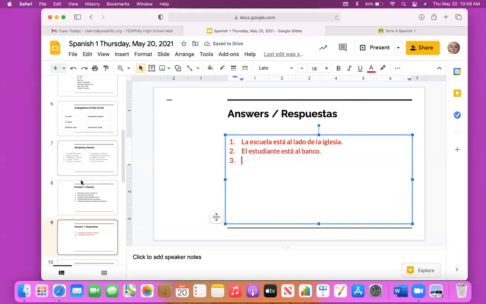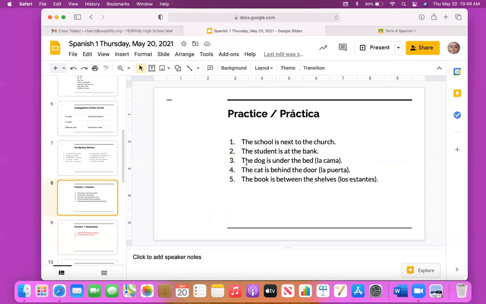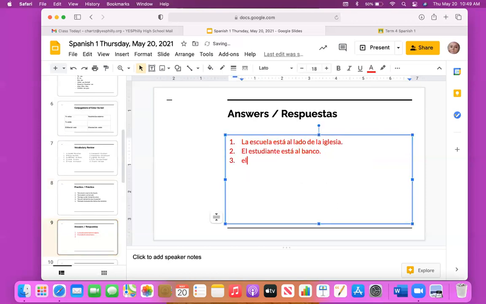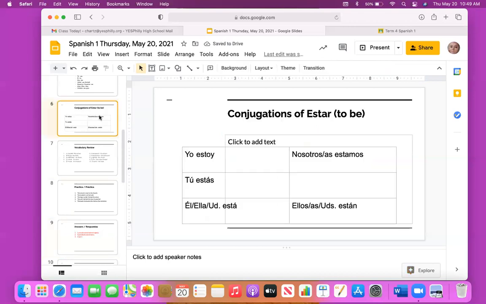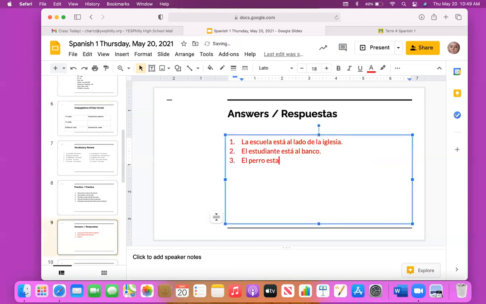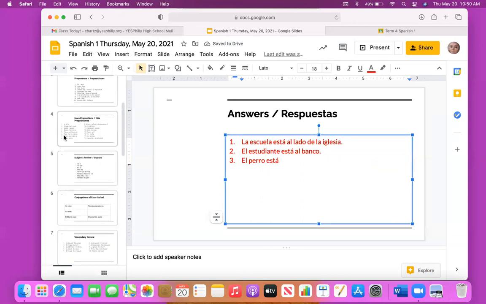Okay. For the next one, we have the dog is under the bed. So el perro is the word for dog. And then we've got to use a form of estar. So it, or he or she, the dog. So we're going to use está, right? And then we need the word for under. So we can go right here.